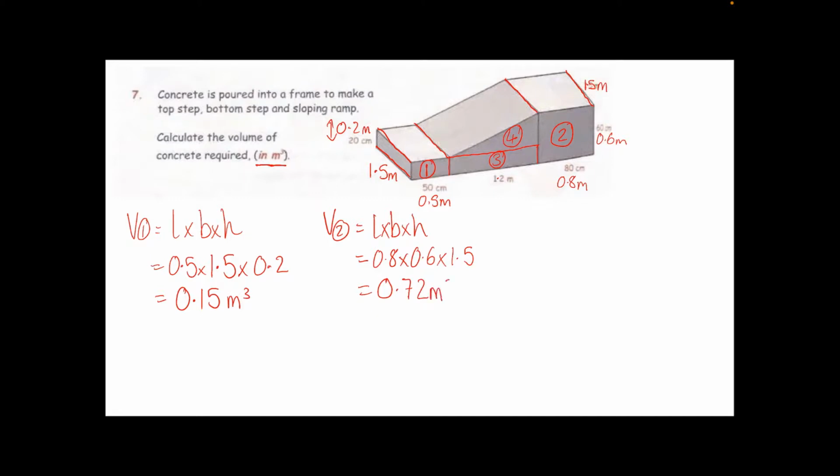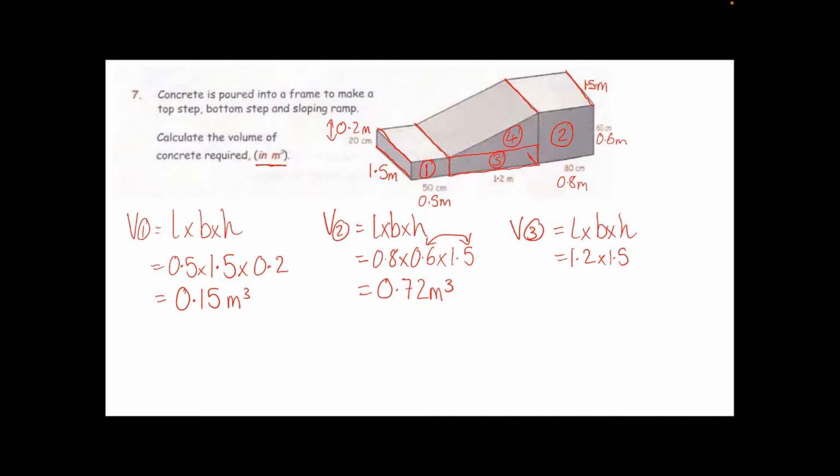0.72 meters cubed. And then volume number 3, well, my length times breadth times height is going to be 1.2 for that length there. My breadth is also going to be my 1.5. I've put my height and my breadth round the wrong way in that sum, but it will give us the same answer anyway, so it doesn't matter too much.